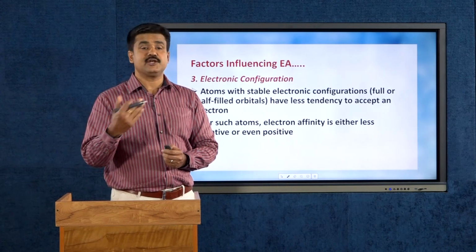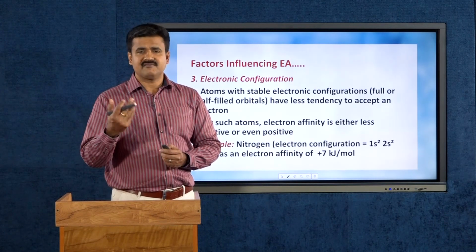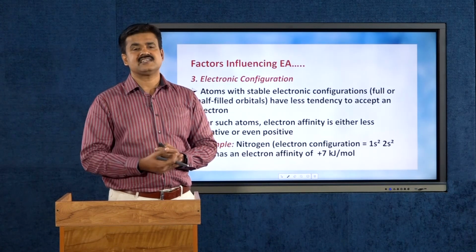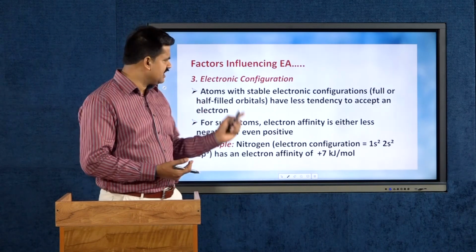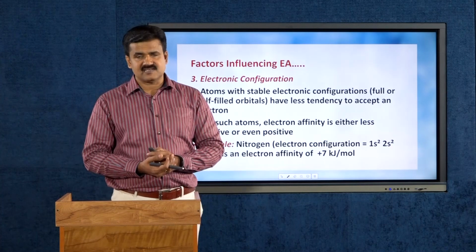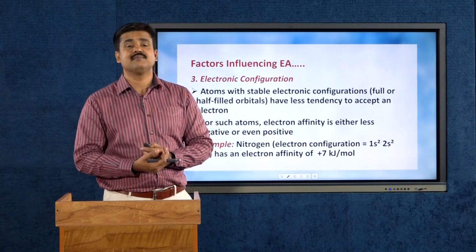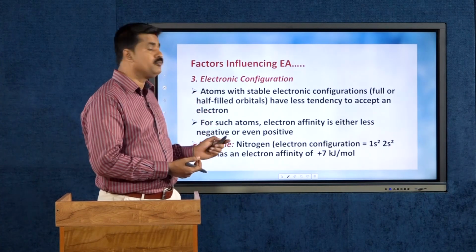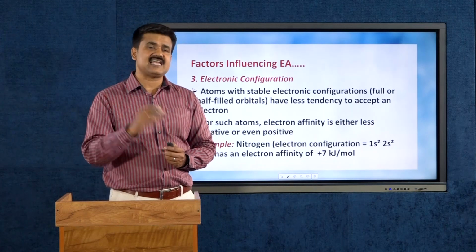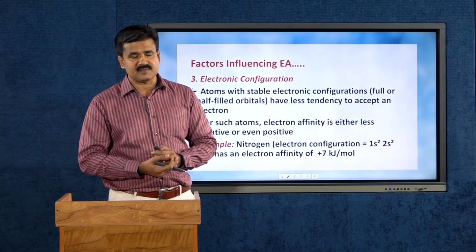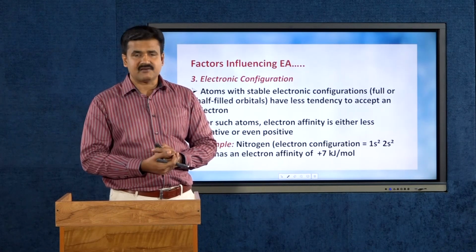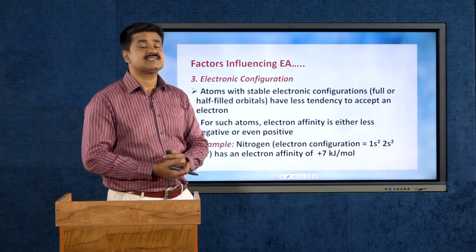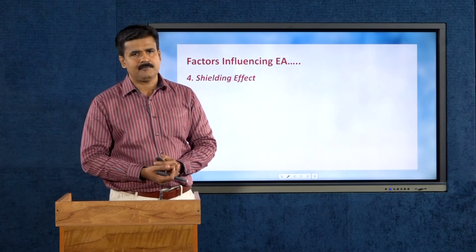If you are considering a noble gas atom, they are associated with a positive value of electron affinity. Here we are taking nitrogen as an example, which is associated with a stable electronic configuration of 2p3. When an electron is added, the stability may be disturbed, so it is associated with a positive value of electron affinity, which is equal to 7 kilojoule per mole.